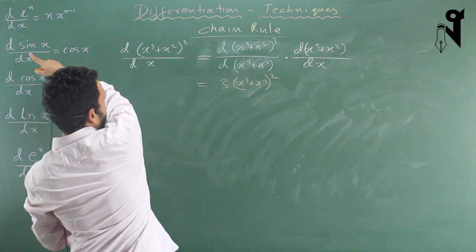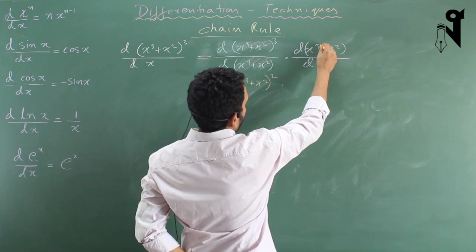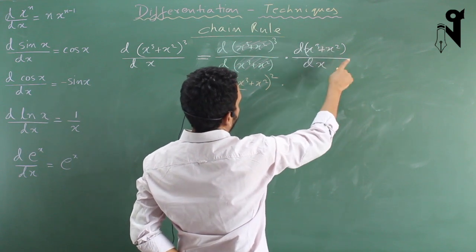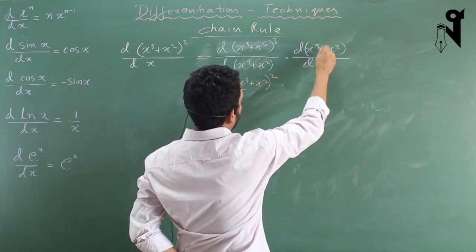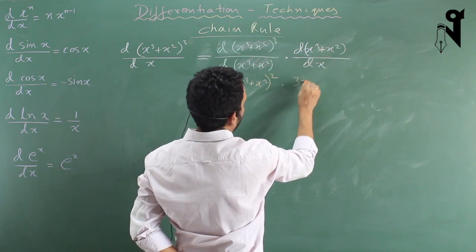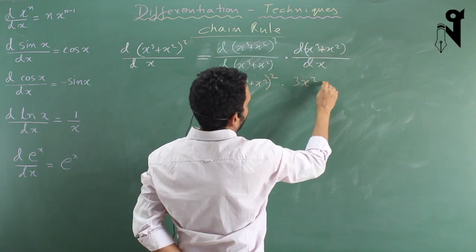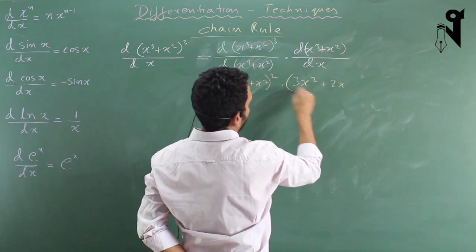And this comes according to that formula. And this one, as we have said earlier, if it is a plus or a minus, we can separate it out. If it is a multiplication, you can't. So this is 3x square for the first guy, and this is 2x for the other one.